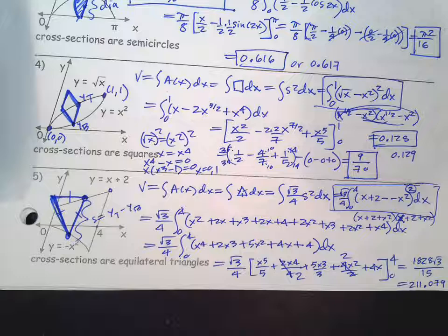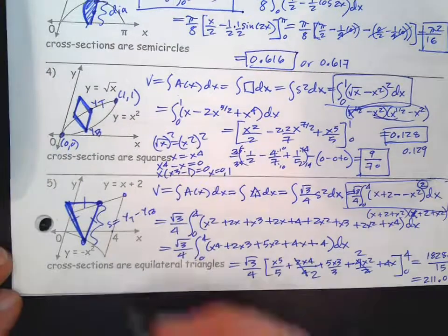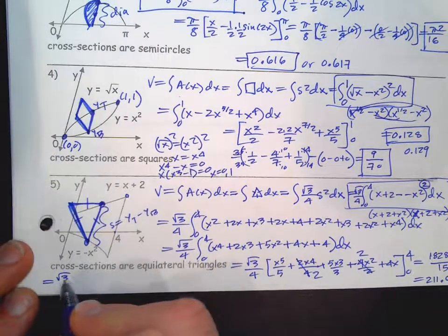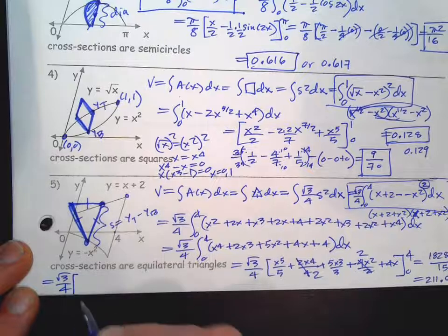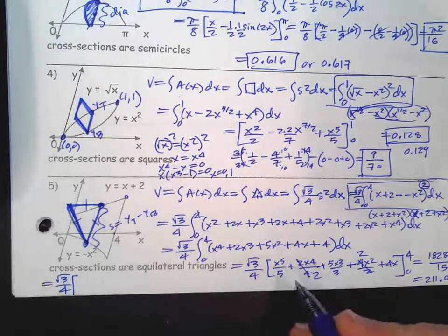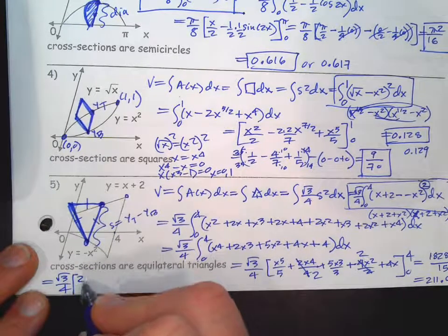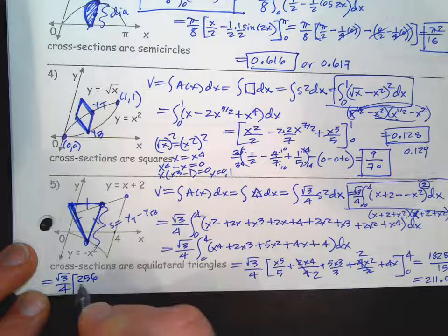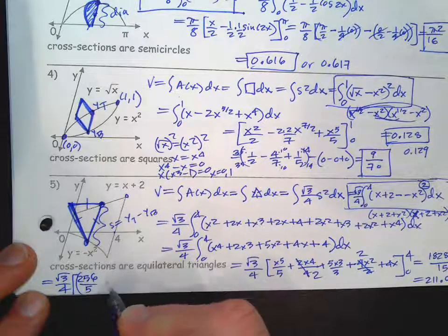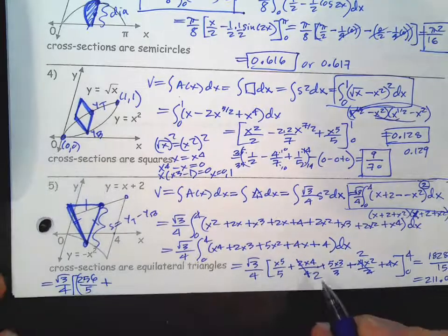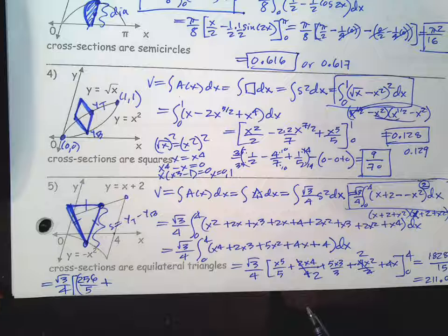But yeah, if you were to keep going with this, it's just kind of a mess. For the root 3 over 4, put 4 in this, that's 1664, 256 over 5 plus, is that even right? No, I think it's even bigger than that.